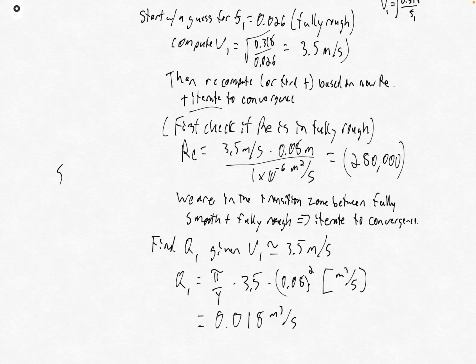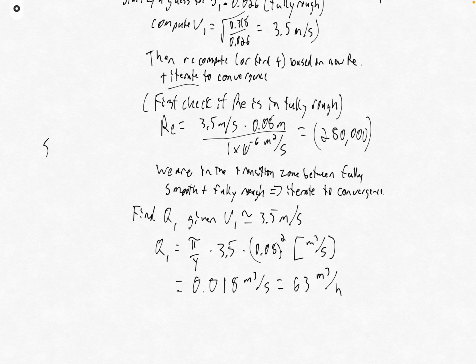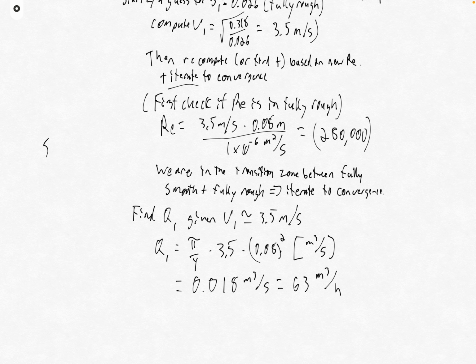Your textbook puts this into units of meters cubed per hour, so let's just check. That whole thing times 60 to convert to minutes, times 60 to convert to hours. Sure enough, we get an answer of 63 meters cubed per hour, roughly in agreement with what your textbook gets, 62.5.